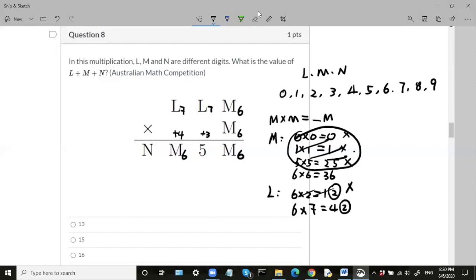So N equals 4. So we have L equals 7 and N equals 4. L plus M plus N is 7 plus 6 plus 4, which is 17. So the answer is 17.